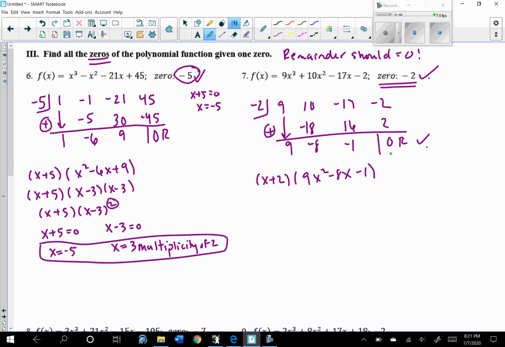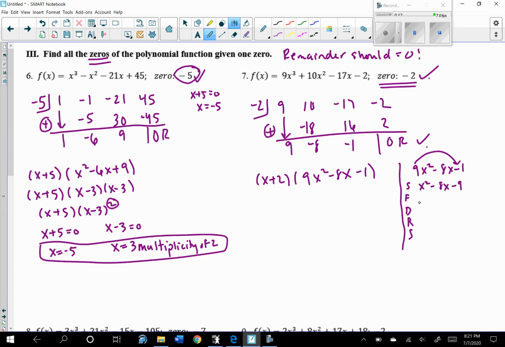So for this, we want to see if this factors. 9x squared minus 8x minus 1 doesn't have a greatest common factor. So if I have a number in front and that happens, I can use the Swedish fish method. Swedish fish don't really swim. 9 times negative 1 gives me x squared minus 8x minus 9.